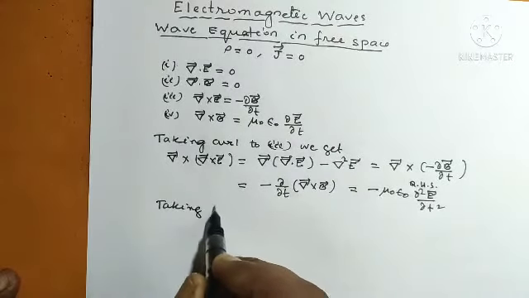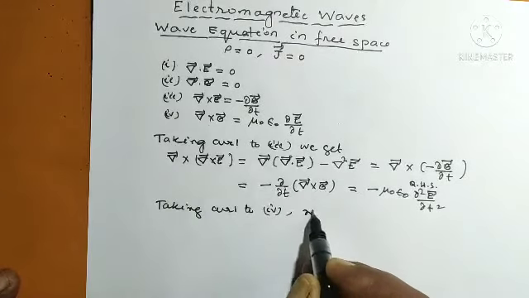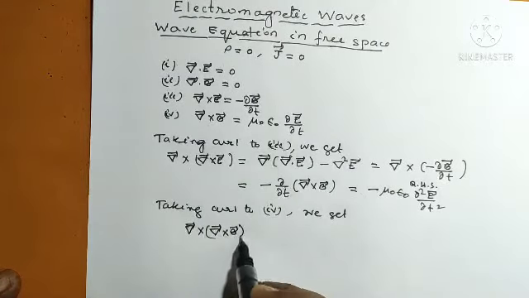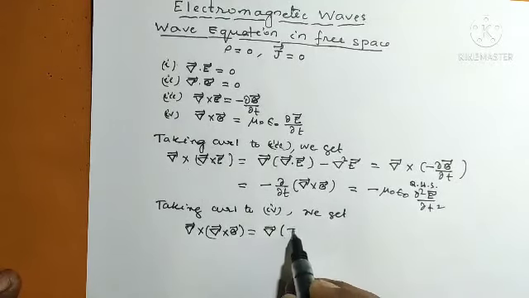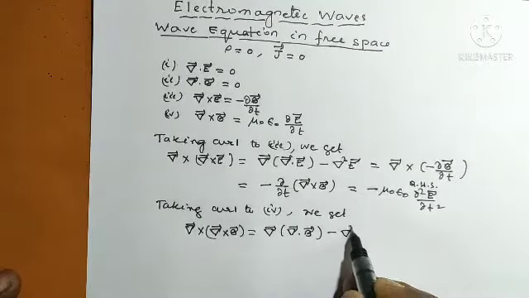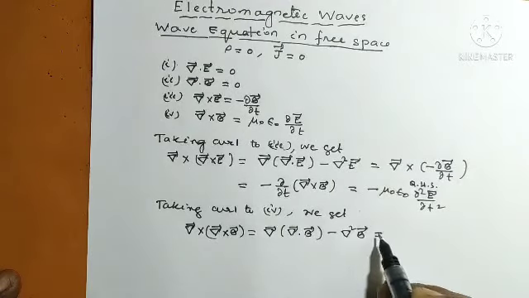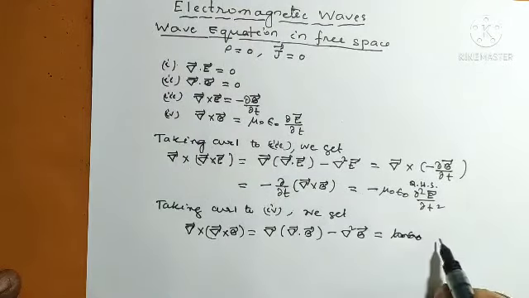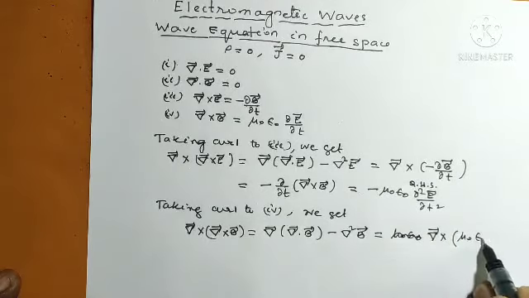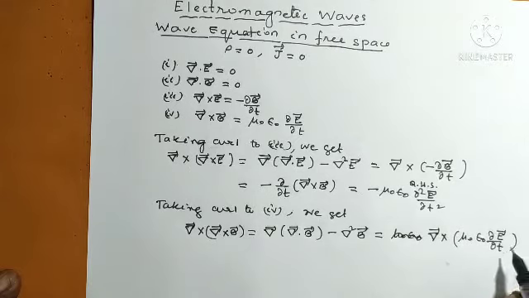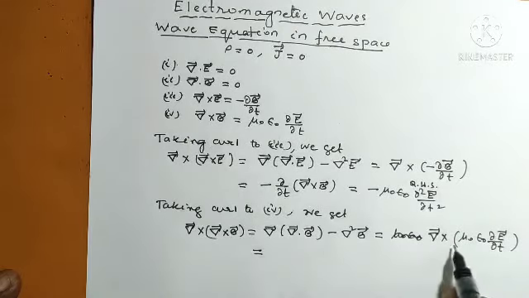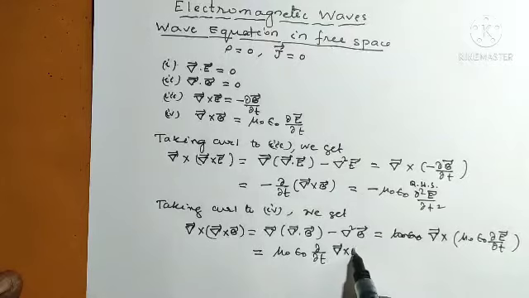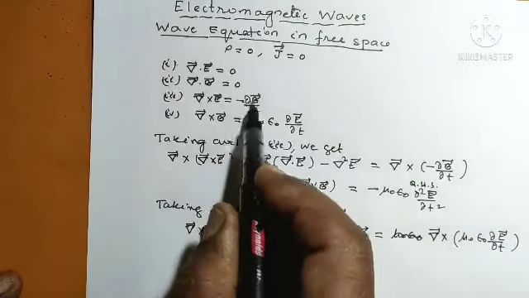Taking curl to fourth, we get curl of curl B, which is equal to grad div B minus del square B. The right-hand side is del cross mu 0 epsilon 0 del E by del t, which is equal to mu 0 epsilon 0 del by del t of del cross E, and del cross E is minus del B by del t.